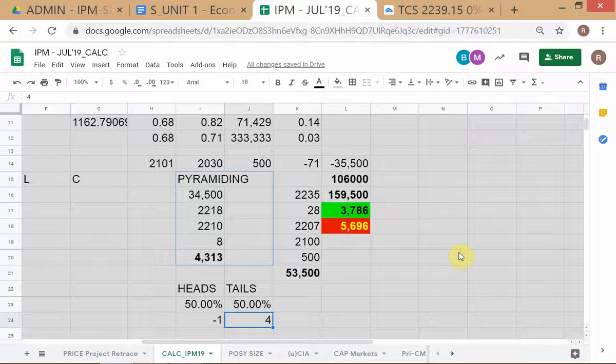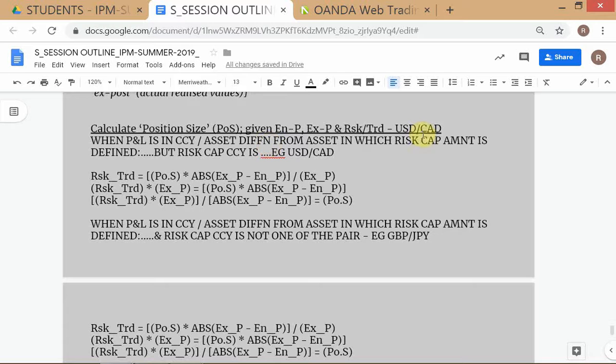The point I'm trying to illustrate here is that you have to be very careful when the P&L is in a currency or asset different from the asset in which the risk capital amount is defined.